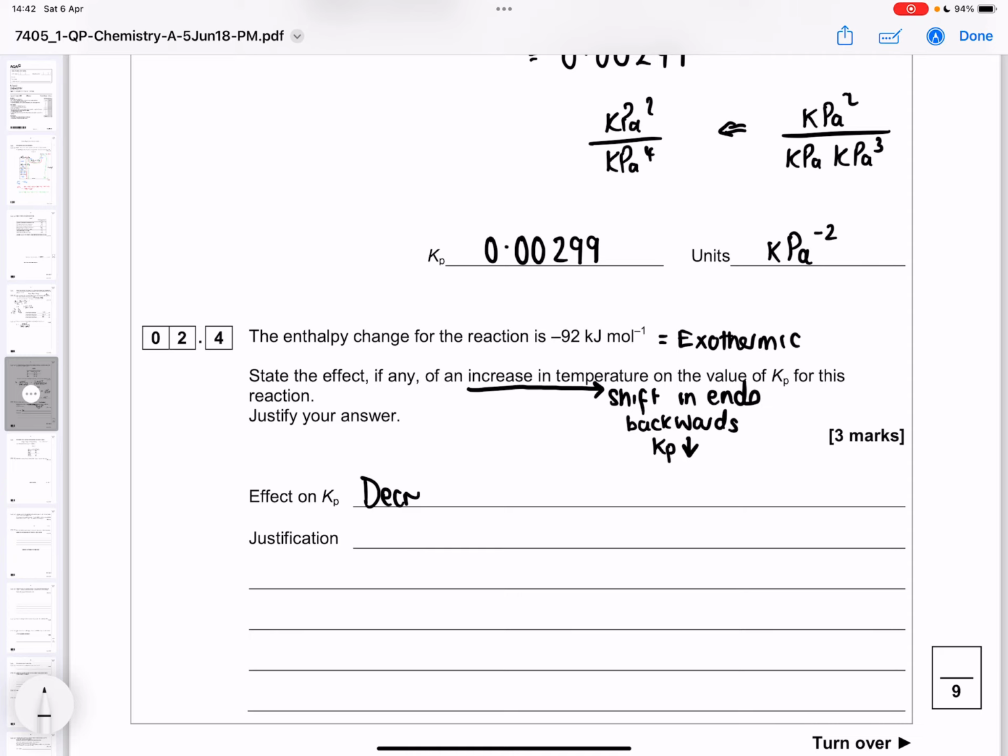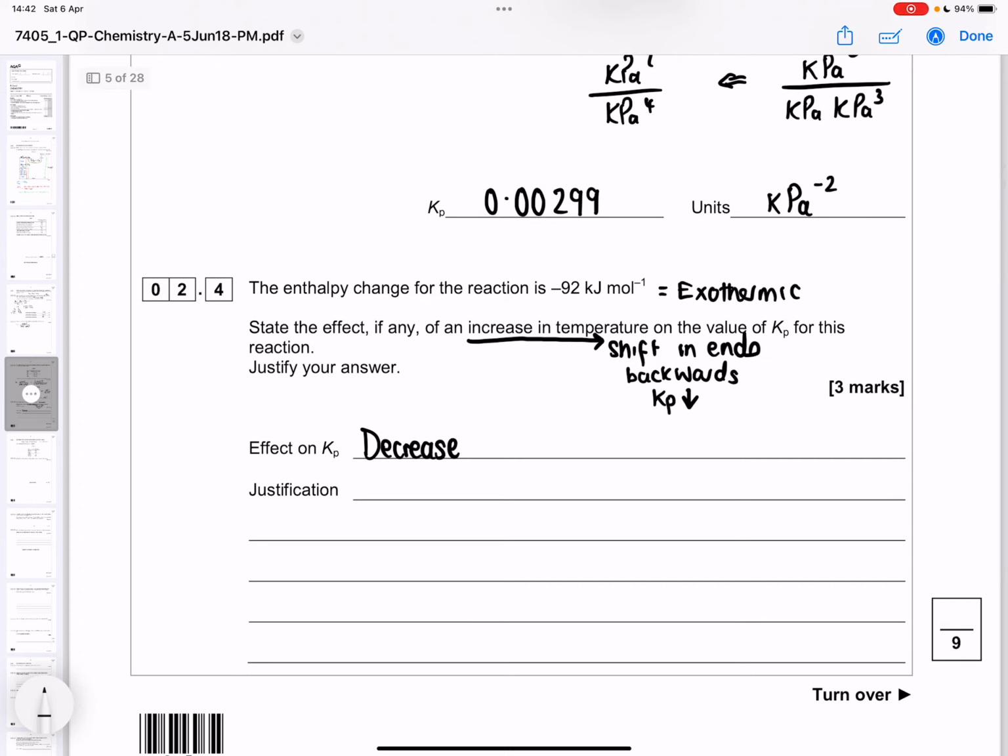So why is it going to decrease? So let's write down our thinking. The forward reaction is exothermic. That's just stating from the question, the information the question allowed us to interpret.